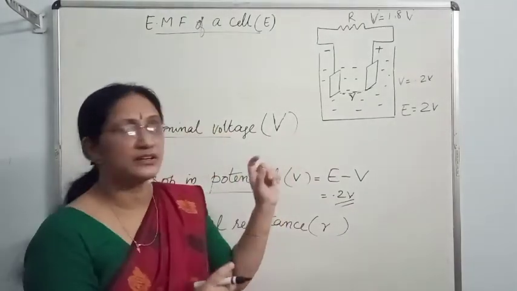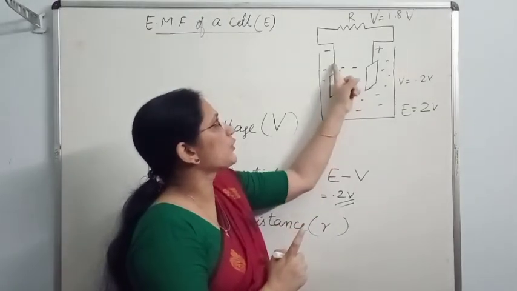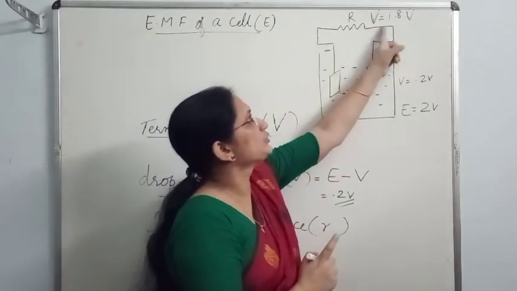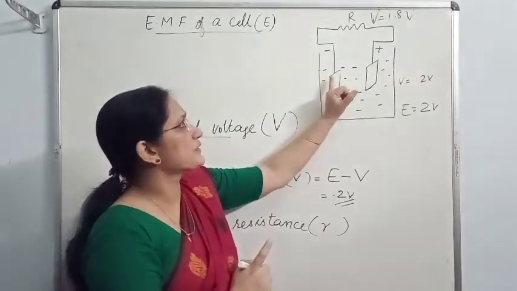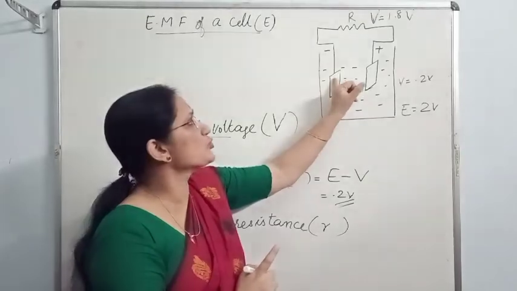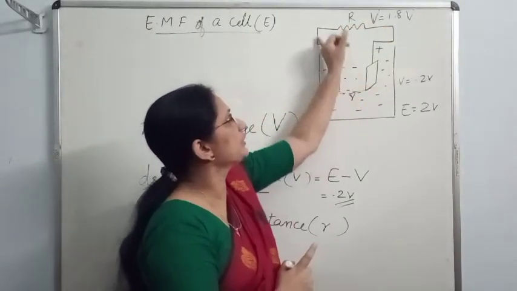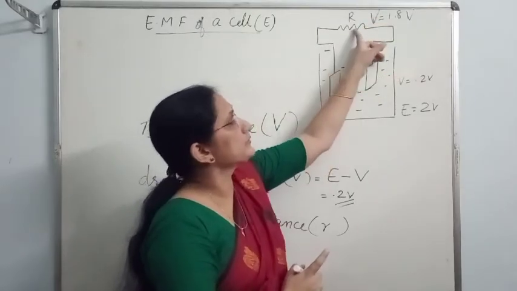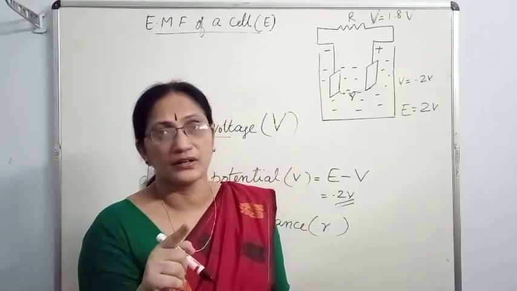Next definition: terminal voltage can also be defined in terms of work done. Terminal voltage is the work done by unit charge while it moves from one electrode to the other electrode through this external resistance. Means 1 coulomb of charge moves from one electrode to the other, and during that time it passes through capital letter R only.